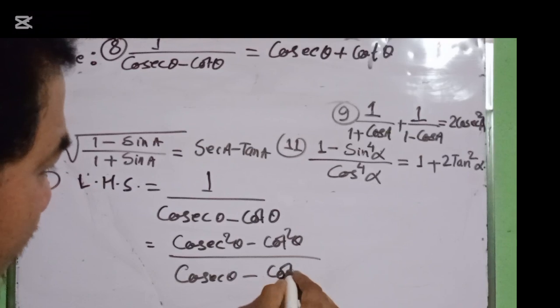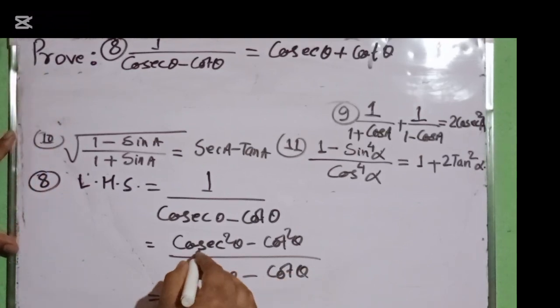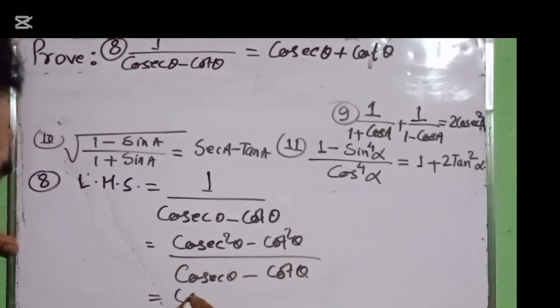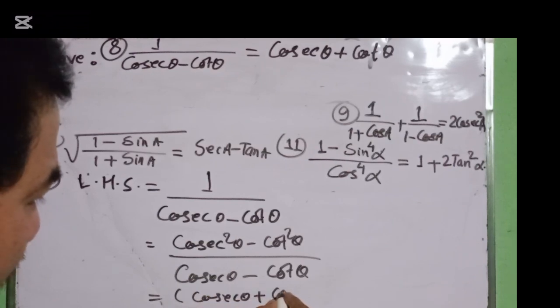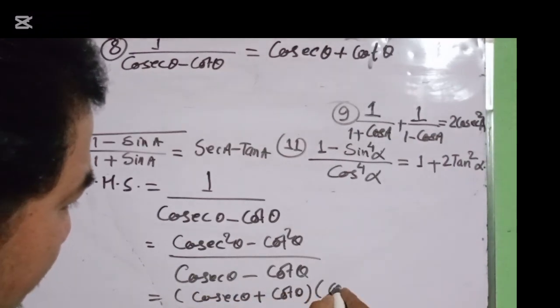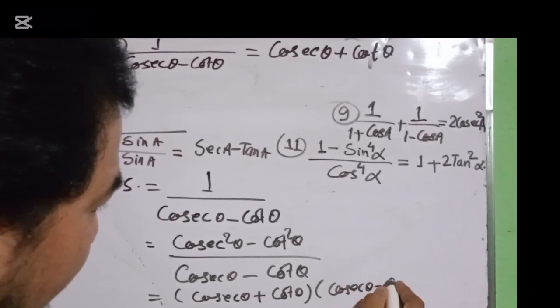minus cot theta. Now use the formula a plus b, a minus b equals a square minus b square, that is cosec theta plus cot theta, and the other is cosec theta minus cot theta.